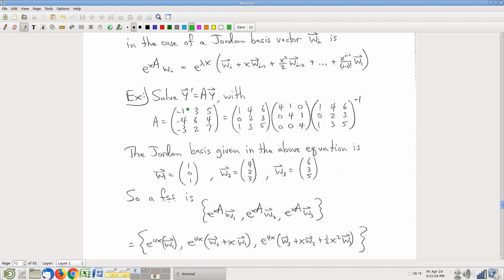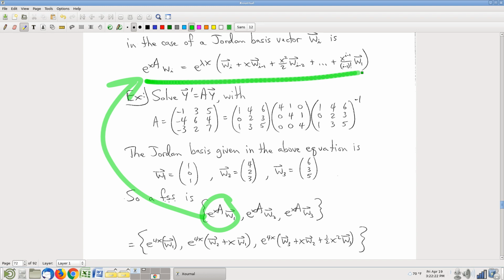It's not hard to persuade yourself that the one on the left is the one whose columns are the Jordan basis. And as we saw several pages back last time, you just multiply a Jordan basis times this matrix exponential thing, and it all comes together and everything works. Furthermore, we can evaluate these things with this formula.